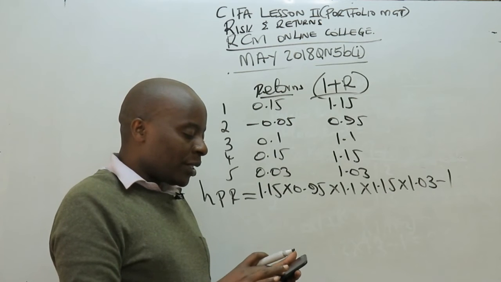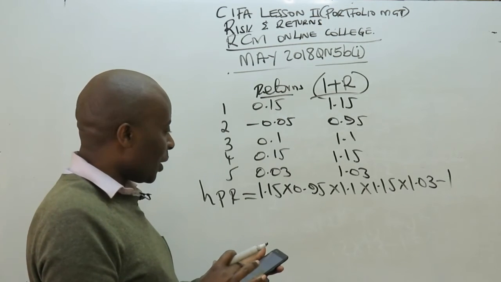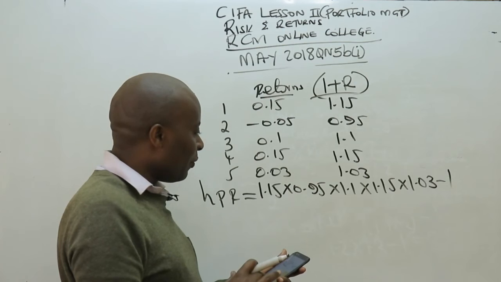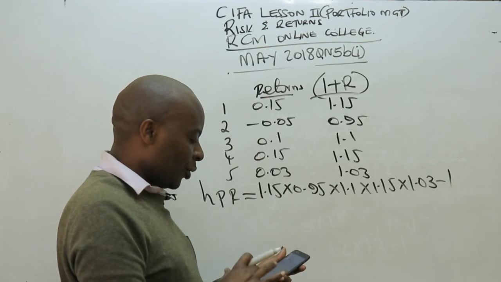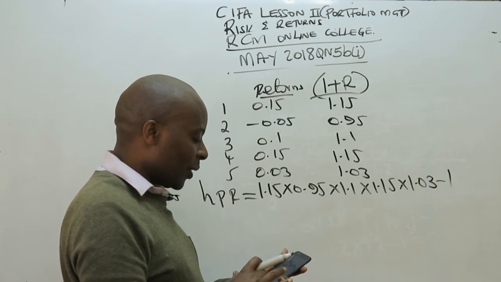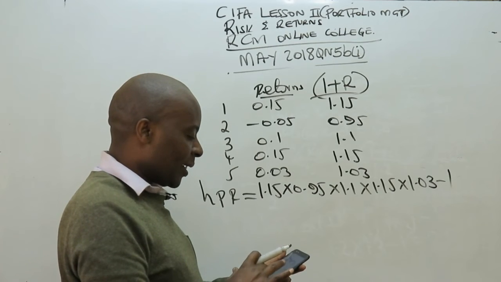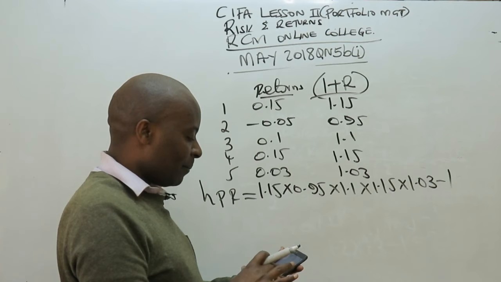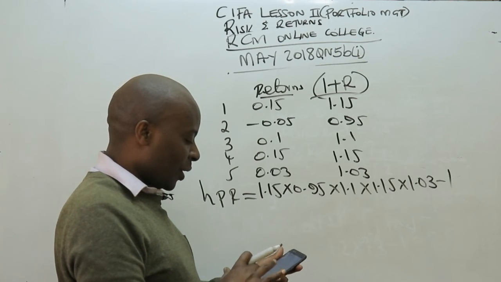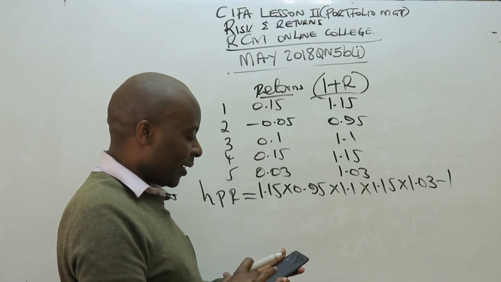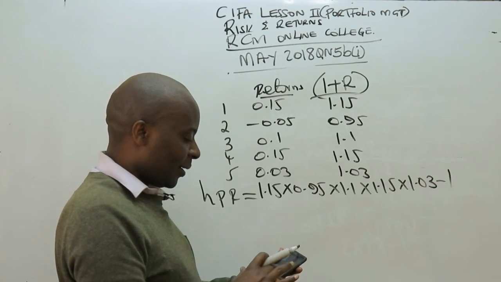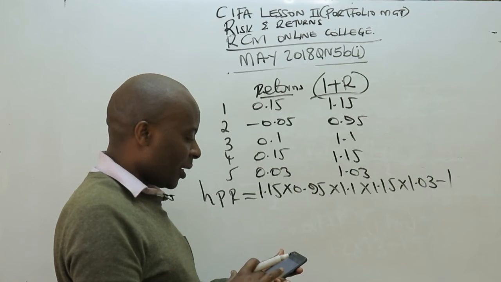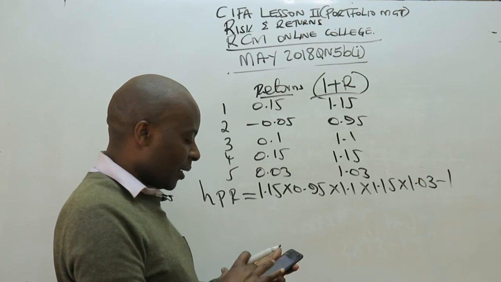So if I do it that way, ladies and gentlemen, this is what I will get in my calculator. We'll be talking of 1.15 times 0.95 times 1.1 times 1.15 times 1.03, minus 1.